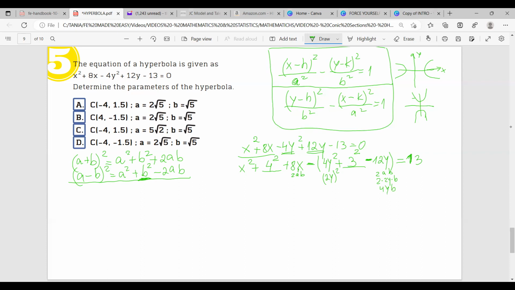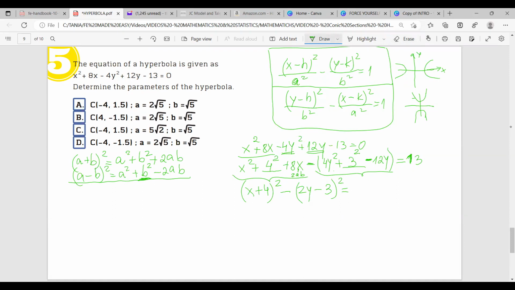So now we can write this equation here. We can write this is the same as x plus 4 squared. And then let me delete this down here. And then this is going to be equal to 2y minus 3 squared equals.